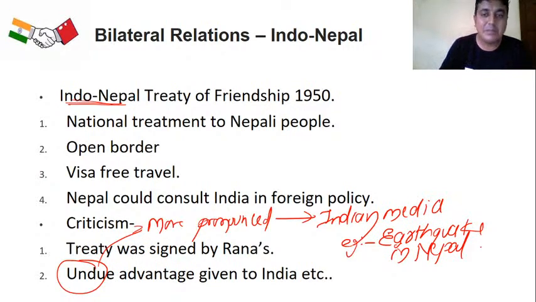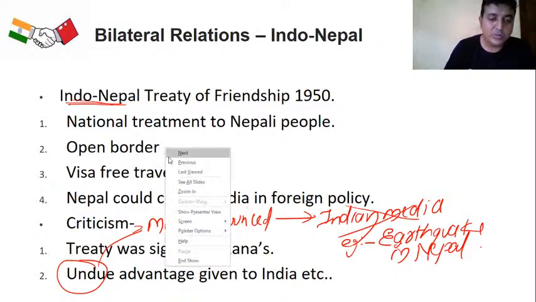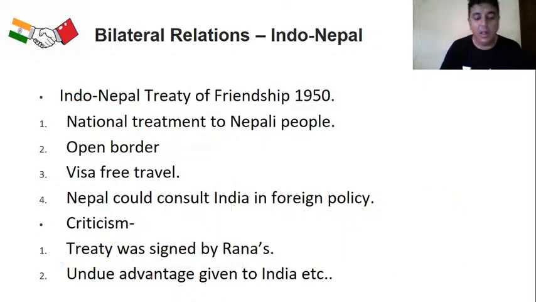Nepal didn't ask. It was our responsibility as a neighbor, that's why we offered it. But because of the misrepresentation of India's help to Nepal by the media, the Nepali government banned them. Clear? So it is advantageous for Nepal, but somehow they consider it as giving undue advantage to India. This is one case.